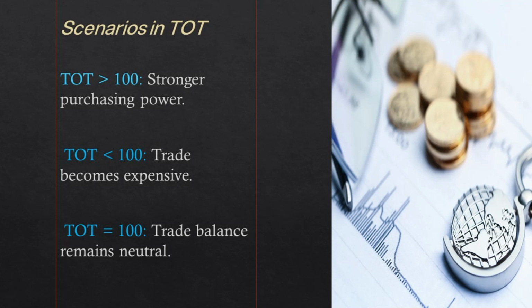Now, how does it affect the economy? Number one, the country can import more goods for the same volume of exports if the terms of trade is above 100. This indicates a stronger trade position, and it can positively impact economic growth of the country.